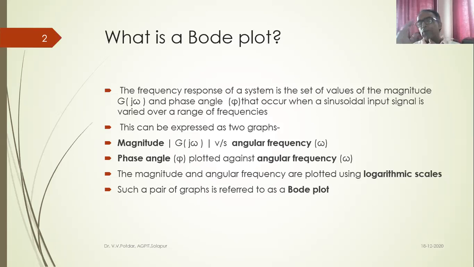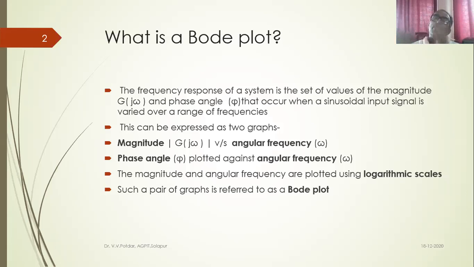So the square root of 1 square plus omega square is the mod or magnitude of that transfer function in the frequency domain, versus this angular frequency omega.